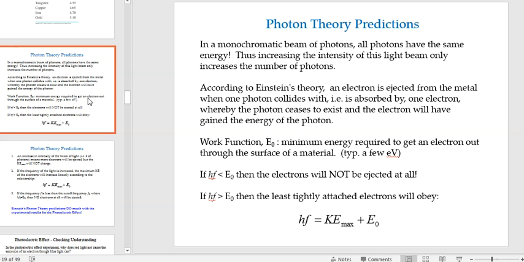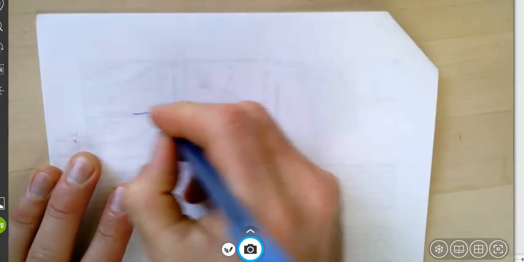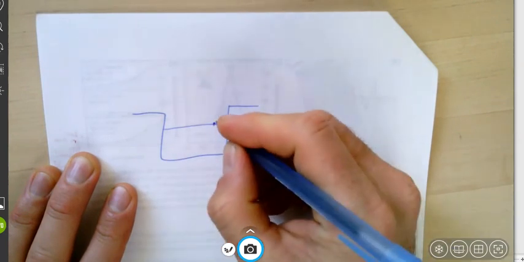So there's another idea: if the photon energy is bigger than this work function, what happens to the rest of that energy? Maybe I'll draw a picture here. In that swimming pool analogy, here's the swimming pool, here's the level, and here's the electron that can just barely get out.